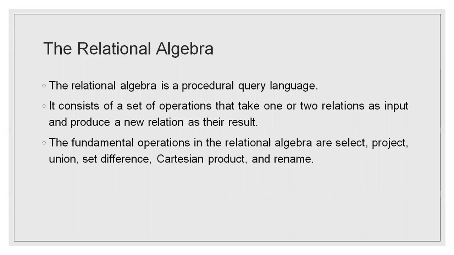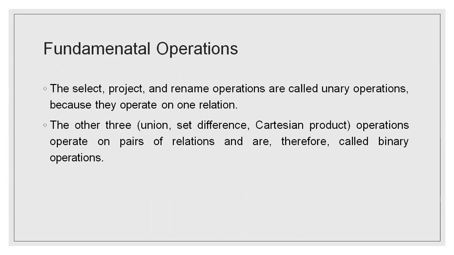These operations are fundamentally divided into two parts, unary as well as binary. Select, project, and rename require only one table, so these are called unary operations. Whereas the other three operations, union, set difference, and Cartesian product, must be performed on two different tables, so these are called binary operations.